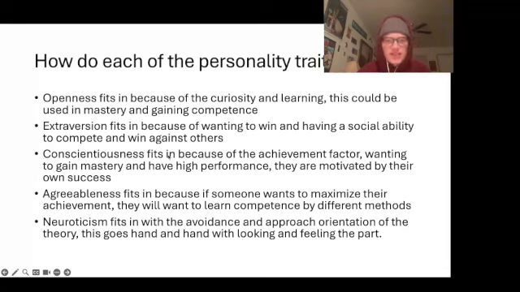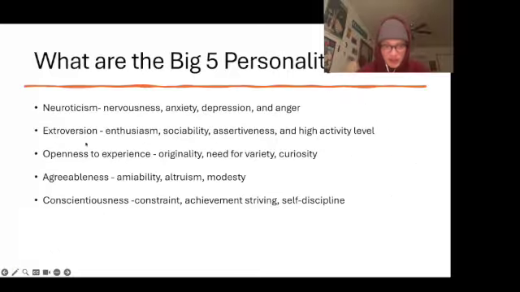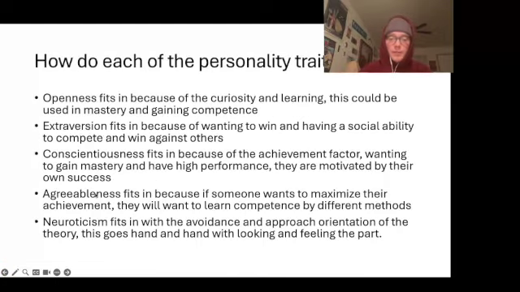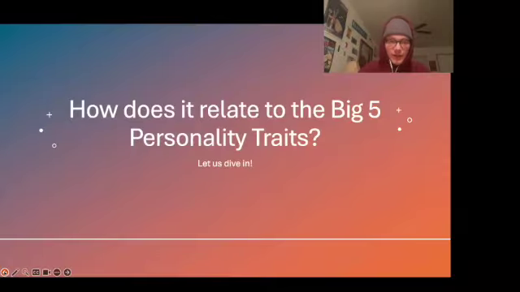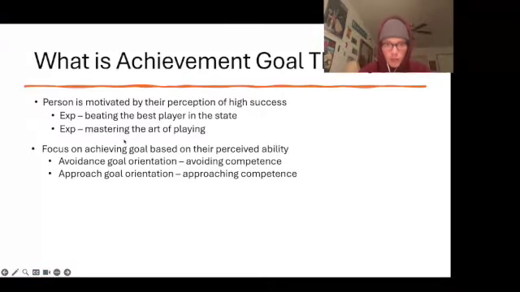So conscientiousness fits in because of the high achievement factor. Wanting to gain mastery and having high performance, they're motivated by their own success. Again here, so you see conscientiousness is constraint, achievement striving, and self-discipline. So somebody with high self-discipline is going to relate to the achievement goal theory pretty well, because if we go back to the definition here, it's perception of high success.